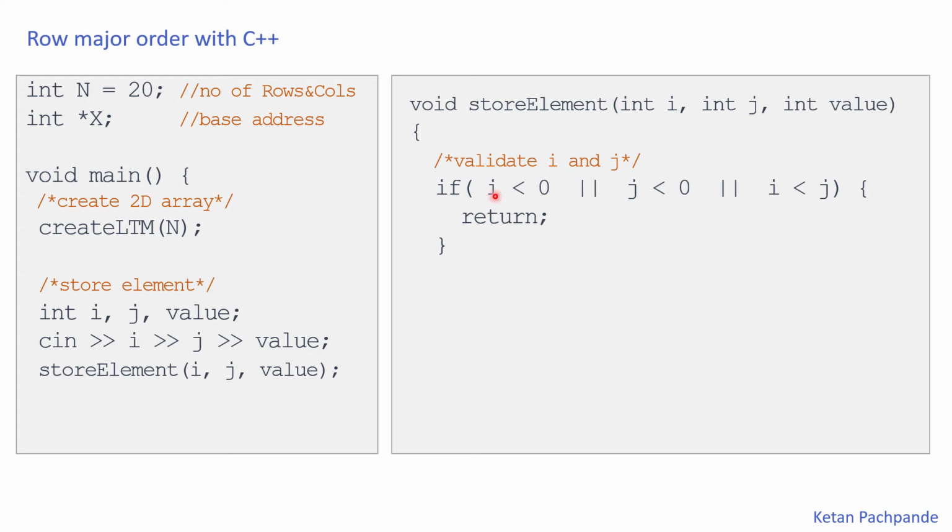See, having i value less than 0 does not make sense because the index number in the 2D matrix always starts with 0. Similarly, I have to just validate j. If it is given as less than 0, that's an invalid case. But let's assume that user has given valid values of i and j.